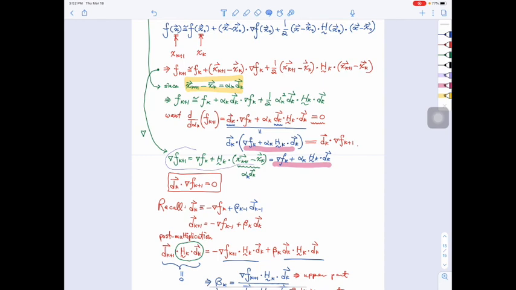Okay, try to solve it and find a programming platform, like MATLAB, C++, C#, Python, or anything that you are good at.